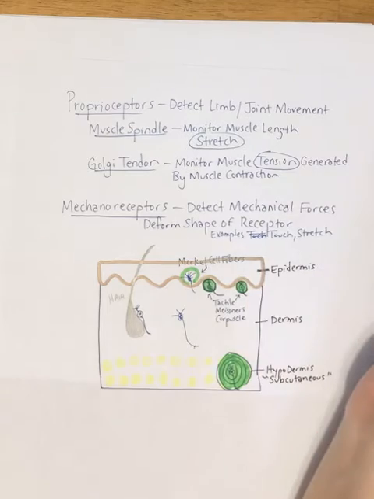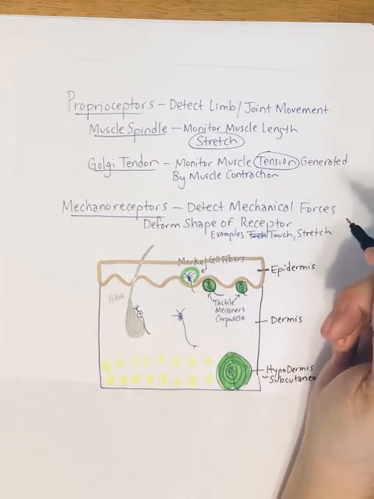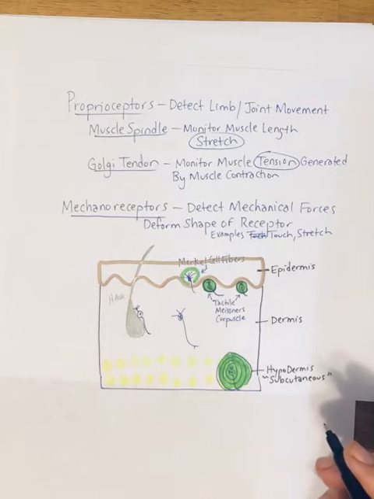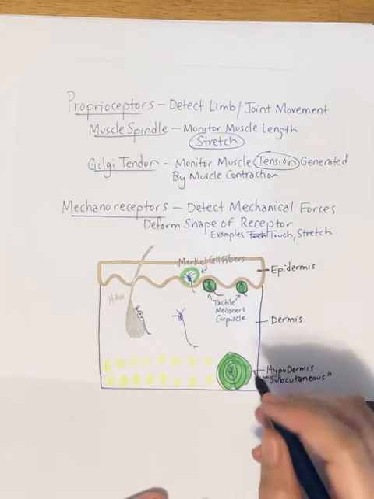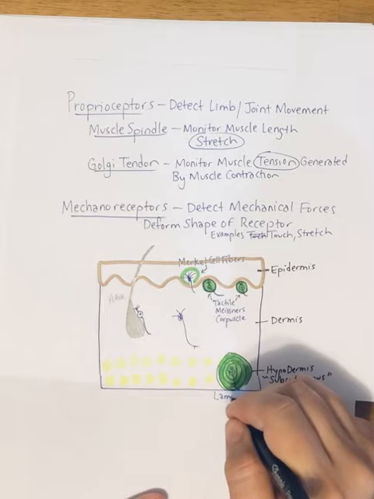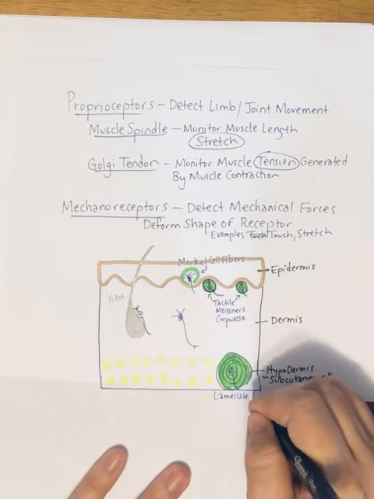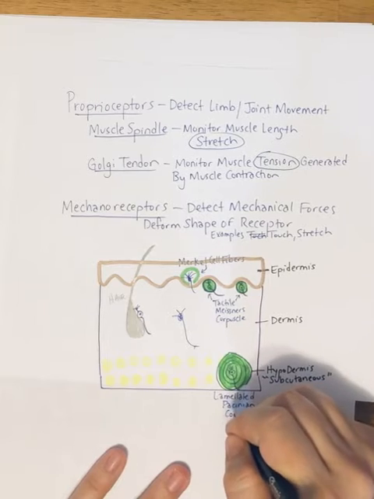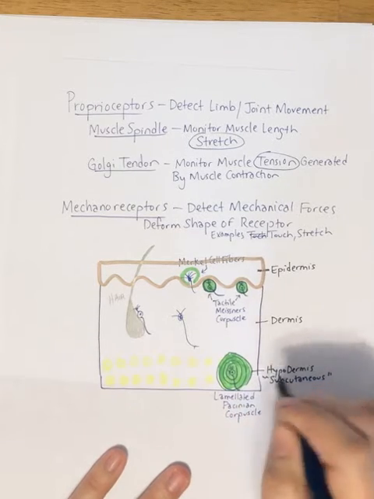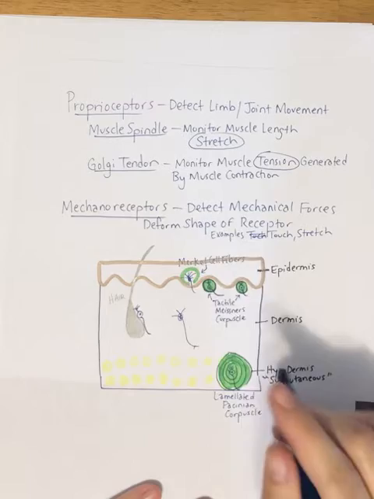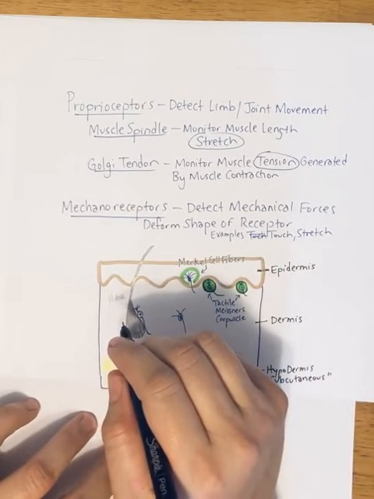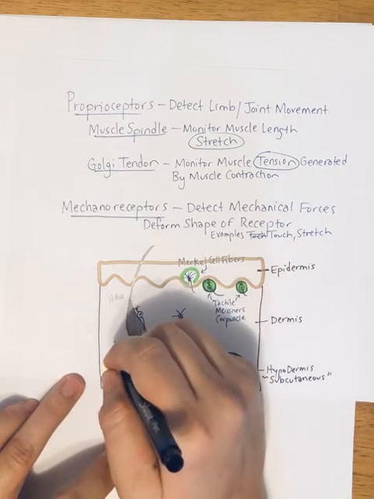The one that is deep in the subcutaneous and deep to the dermis is going to be the lamellated Pacinian corpuscle. This one right here. The one attached to your hair is called the hair follicle receptor.